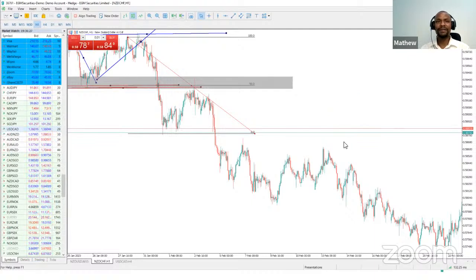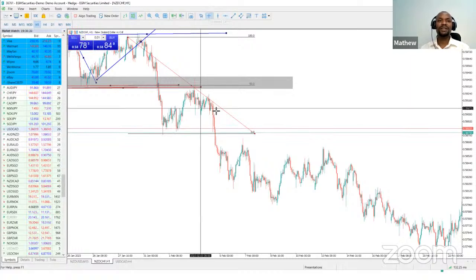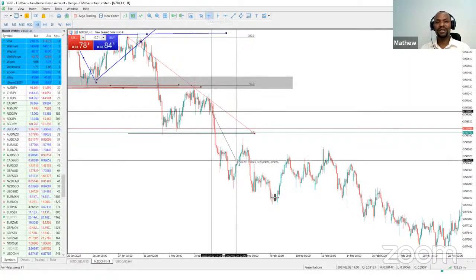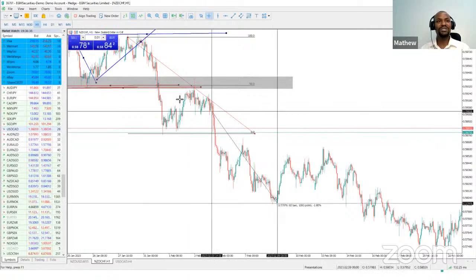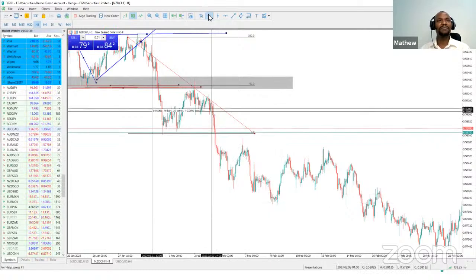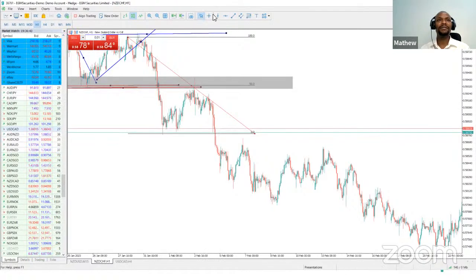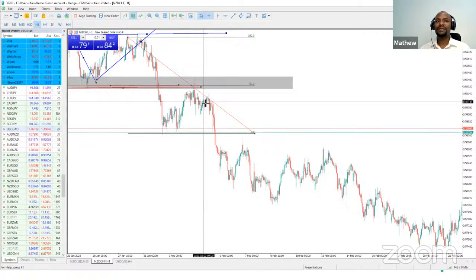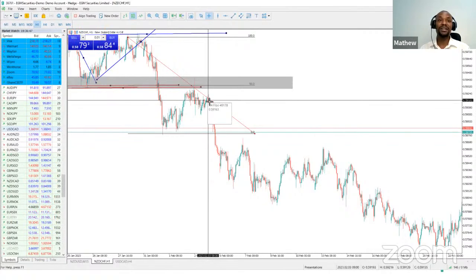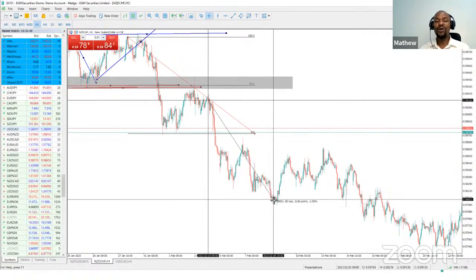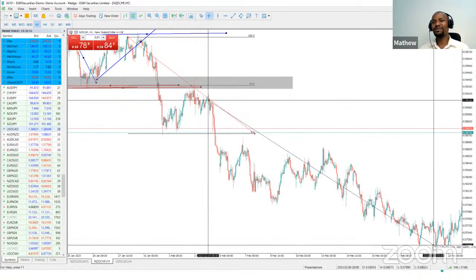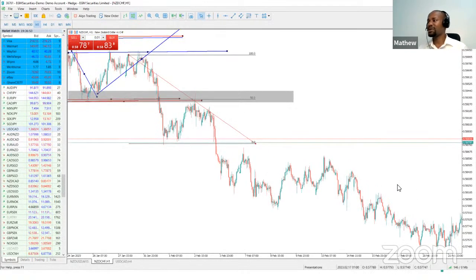Right from here all the way down, this could have been quite some good pips, even as compared to what the breakout trader could have gotten here, right? The smart money concepts trader got it here, and it was all riding down the trend all the way down there. And that's what we're looking for.